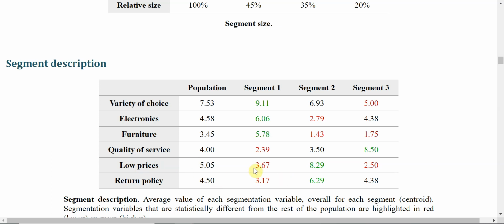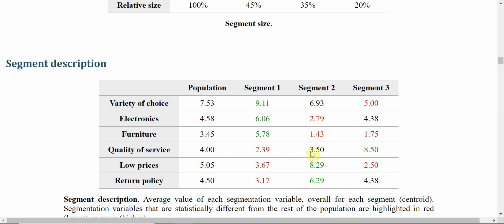Among the 3 segments here, I can choose segment 2 because the respondents in segment 2 rated low prices higher than the whole population.